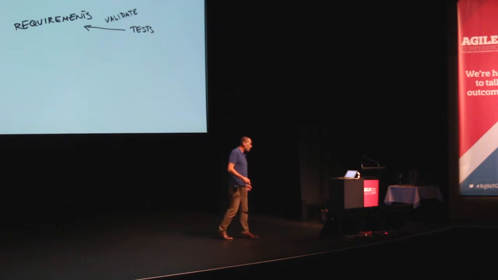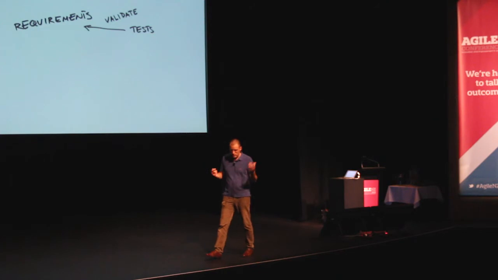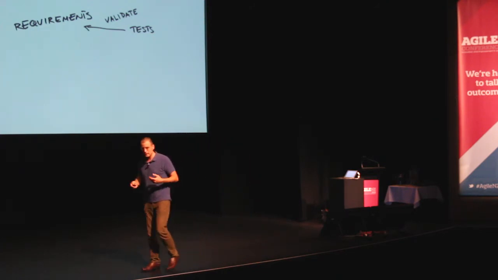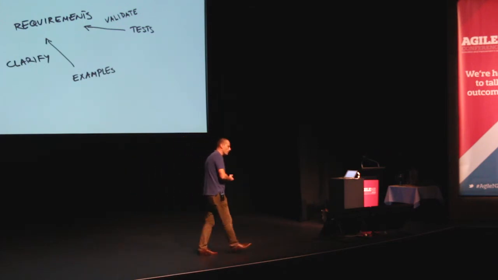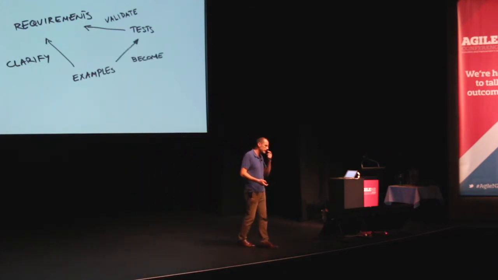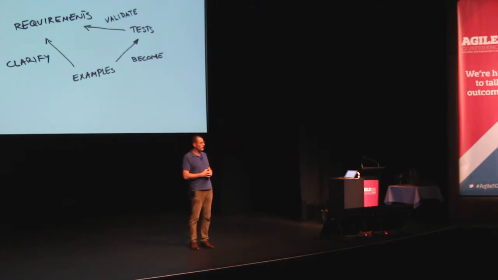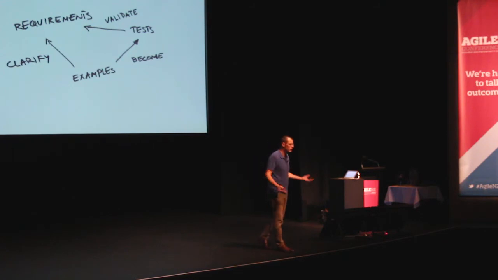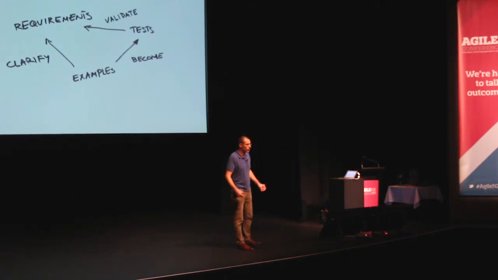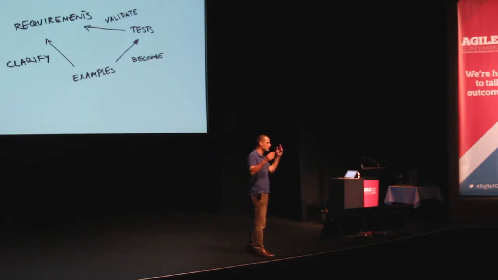And from that perspective, there's a couple of things people do there. We know that most of the time we have tests that are used to validate requirements, but we also have examples that are used to clarify requirements, and we know that examples can become tests. So one of the interesting ideas of this is, let's not have three versions of truth. Let's have one version of truth where we'll try to capture everything, therefore we don't need to translate, maintain, allow stuff to fall through the gaps, then discover them again, then consolidate them again, then capture them, translate, and stuff like that.